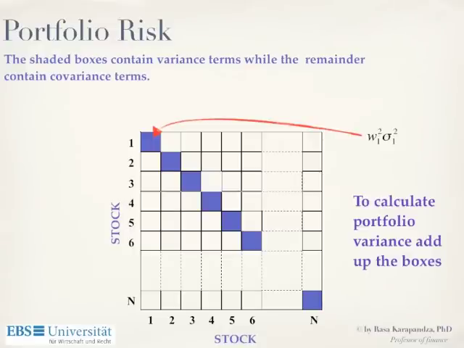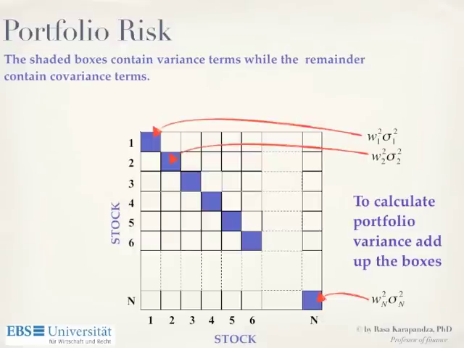The second diagonal element will be the proportion that you invested into stock 2 squared times the standard deviation of stock 2 squared. The nth diagonal element will be the proportion that you have invested into stock n squared times the standard deviation of stock n squared.